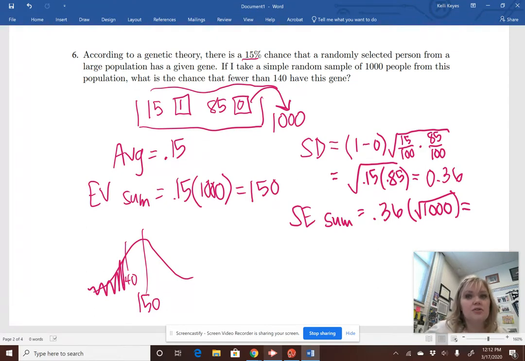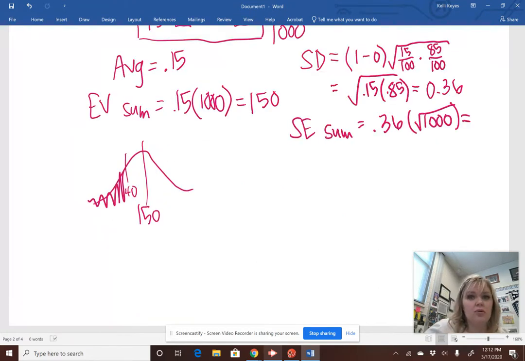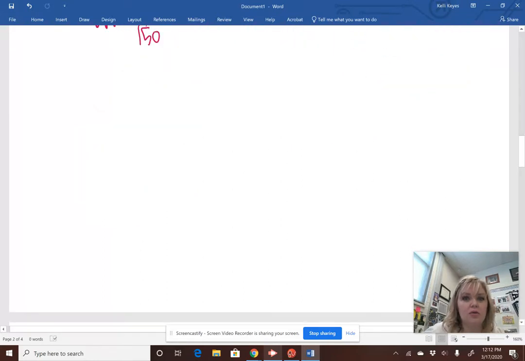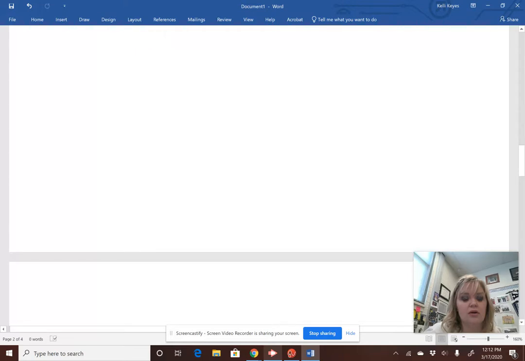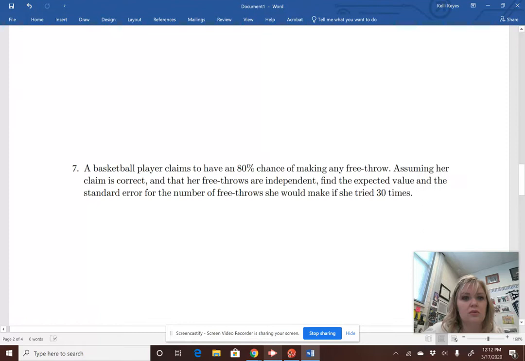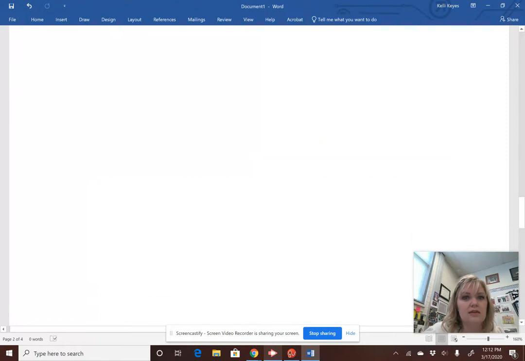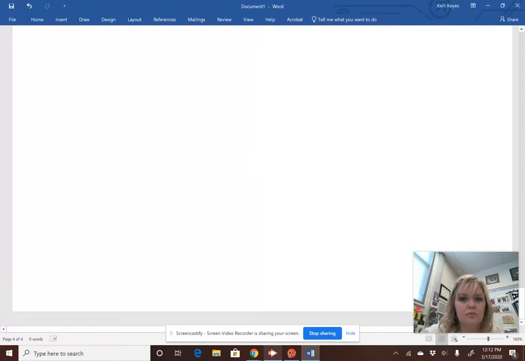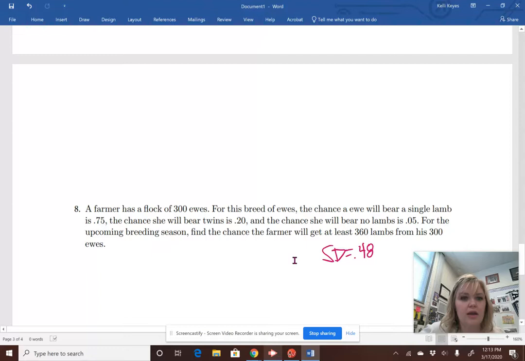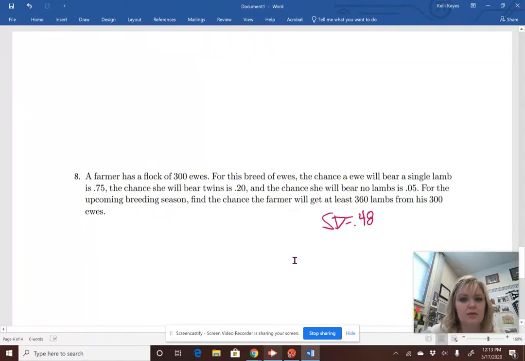So hopefully that will help you to do 6, 7, and then 7 you will also use the SD shortcut. And then number 8, I'll tell you what the SD is, because that's another one like the scratch and win cards. Okay, so number 8, the SD is 0.48. So use that.